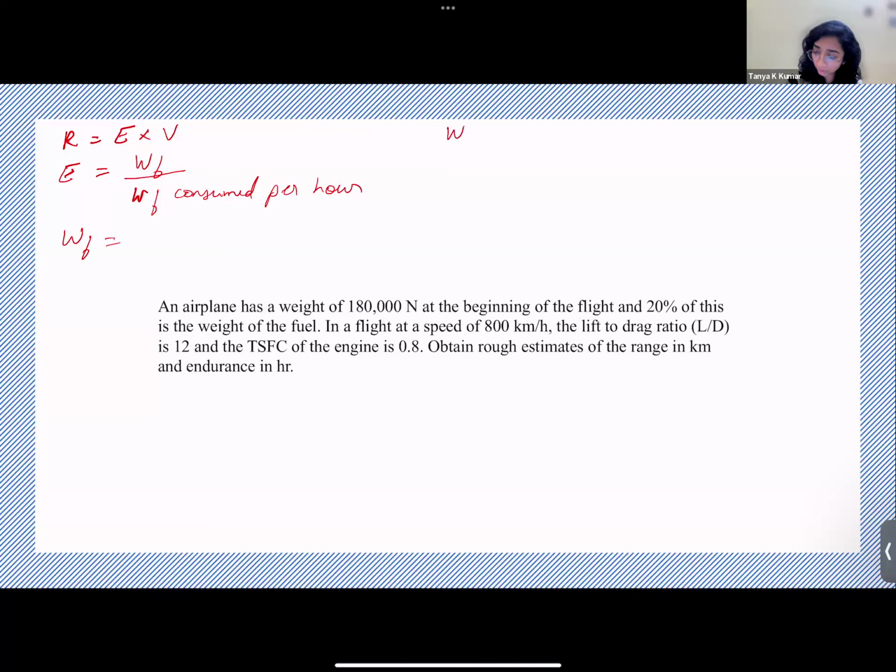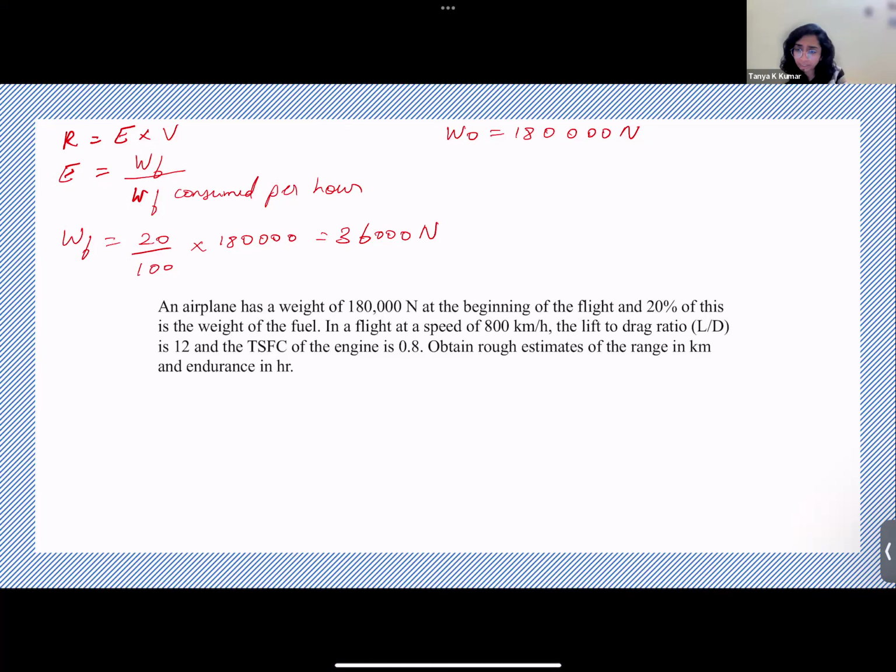So initial weight W naught is 180000 newtons, and weight of fuel would be 20% of that. How much is it? What is the weight of fuel? 36,000 Newton. Correct.